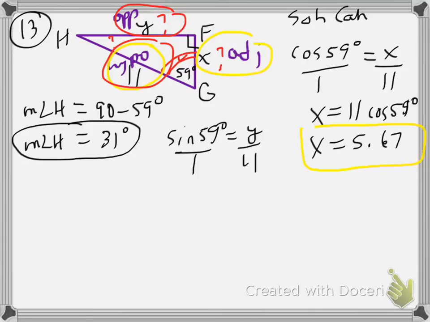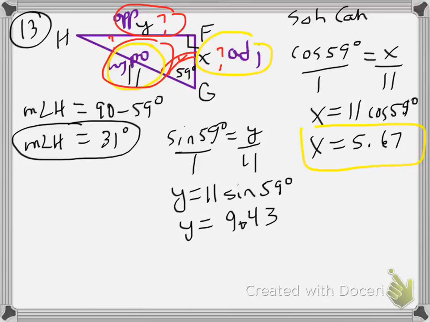Put the sine 59 over 1, and you'll get 1 times y is y, 11 times sine 59 degrees. So I type that in here: 11 sine 59. I don't need a second button. And I get 9.43. And there it is.